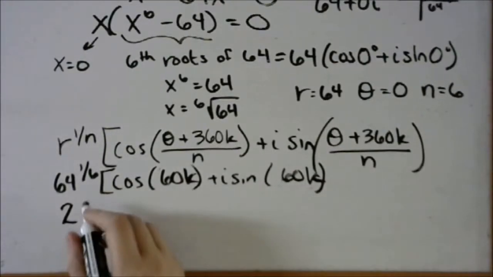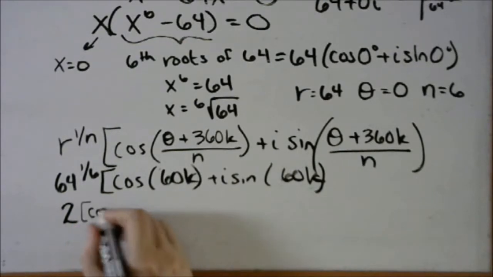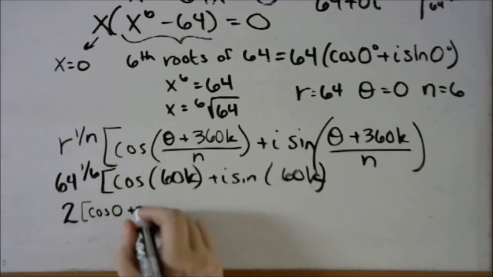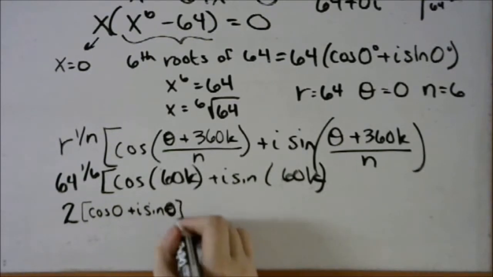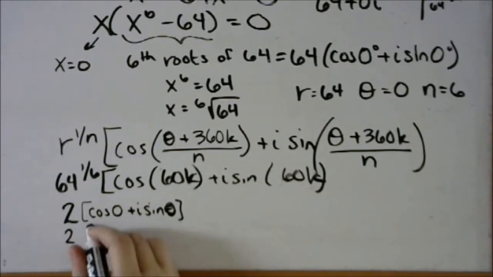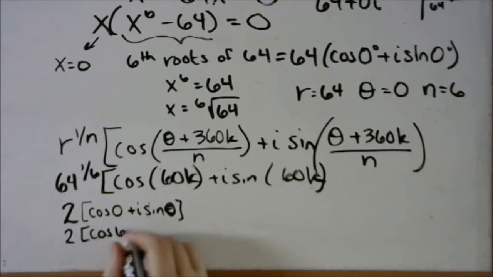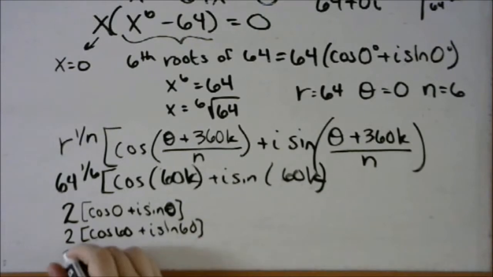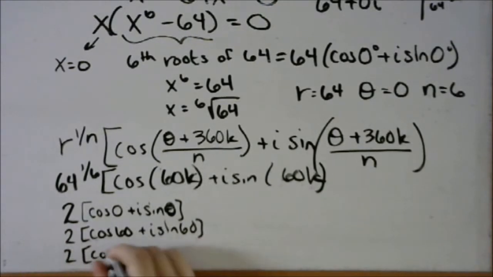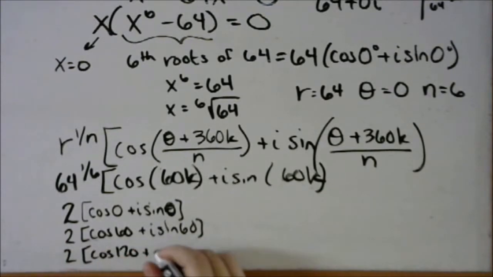So I'm going to say 2 times cosine of 0 plus i sine of 0 for when k is 0. Then I'm going to say 2 cosine of 60 plus i sine of 60 for when k is 1. 2 cosine of 120 plus i sine of 120 for when k is 2.